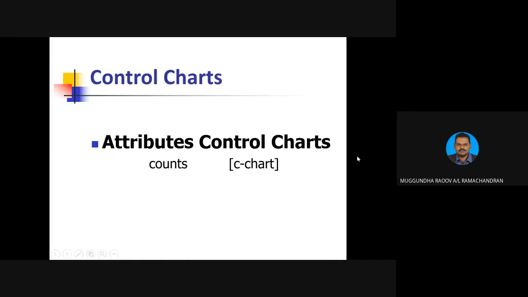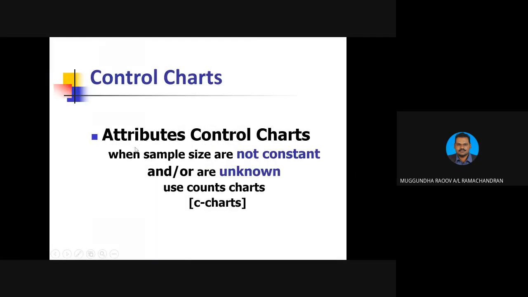Now let's move on to the attributes control chart. There is another control chart, which is the attribute control chart, which is the C chart and P chart. C chart is for counts, P chart is for proportions. The attributes control chart is used when the sample size is not constant and is unknown.